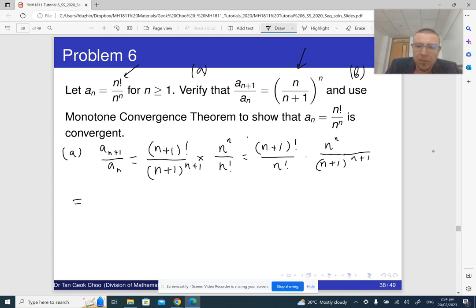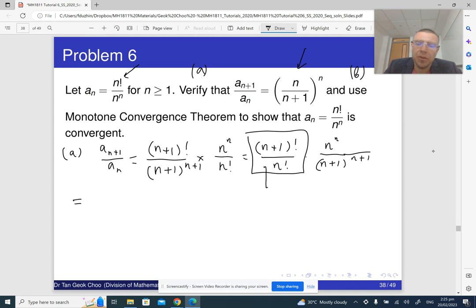All right, now let's look at this product. So (n+1) factorial is the product of all numbers from 1 all the way until n plus 1. So in particular, it includes 1, 2, 3, 4, and so on up to n. And n factorial is the product of numbers from 1 to n.